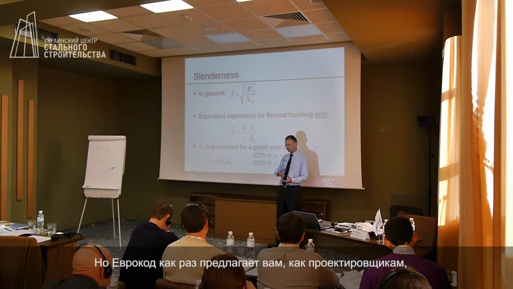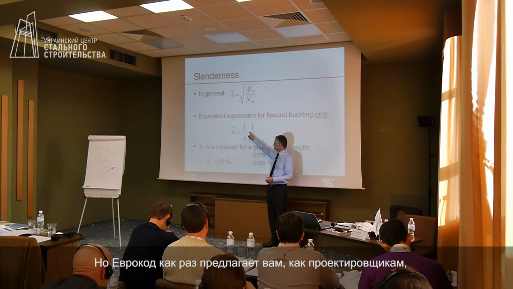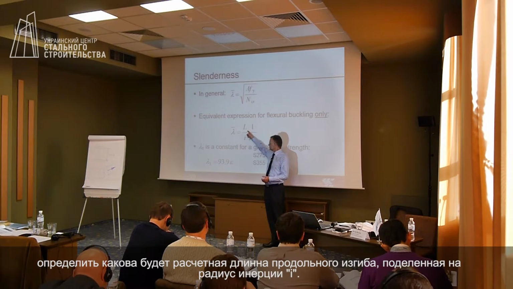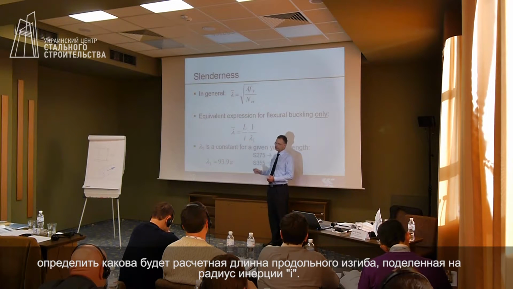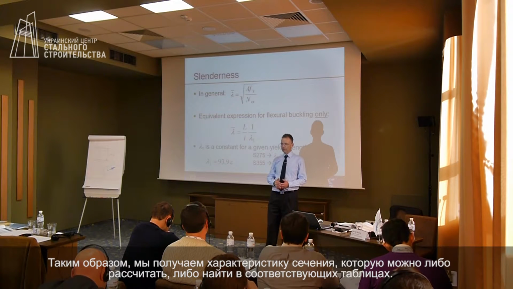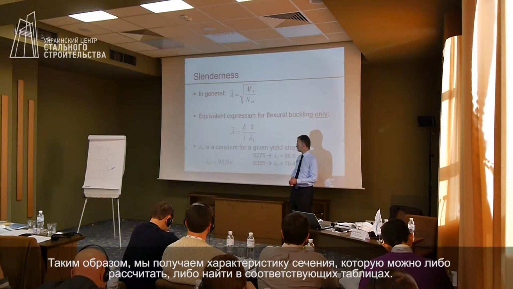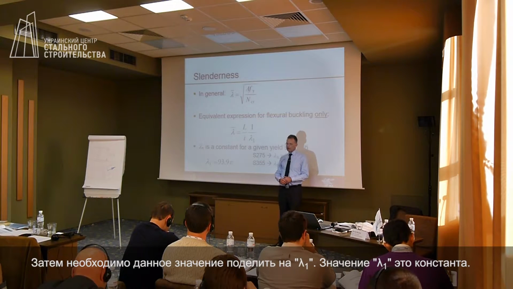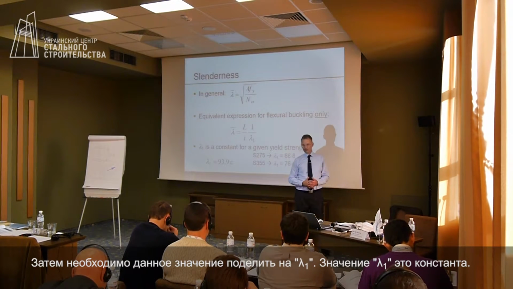The Eurocode invites you as a designer to decide what the buckling length is. Divided by, lowercase i, is the radius of gyration. So that would be a section property that you would either calculate or you would find in some tables. And then divided by lambda 1, and lambda 1 is a constant.